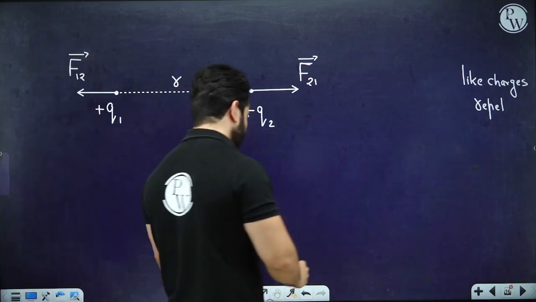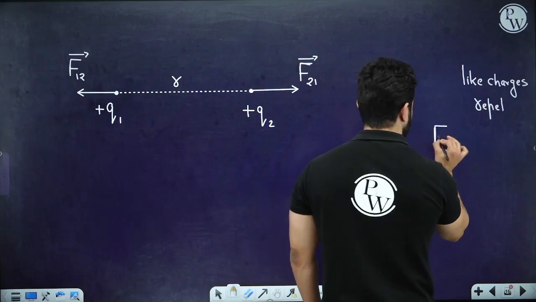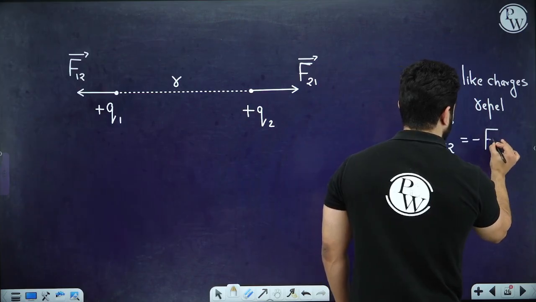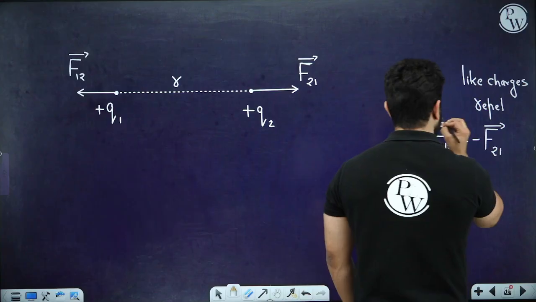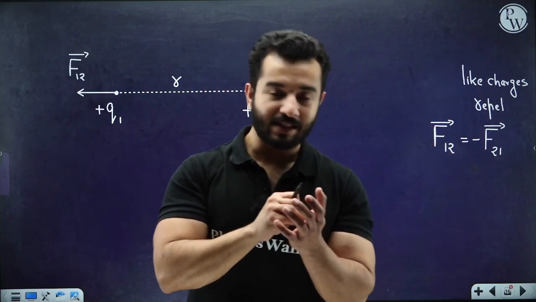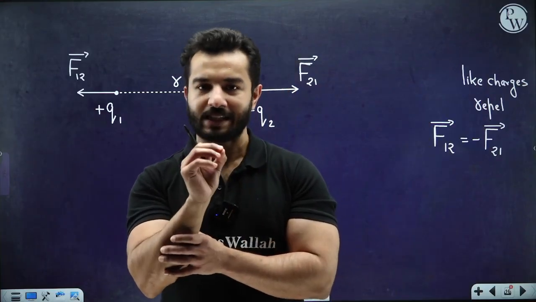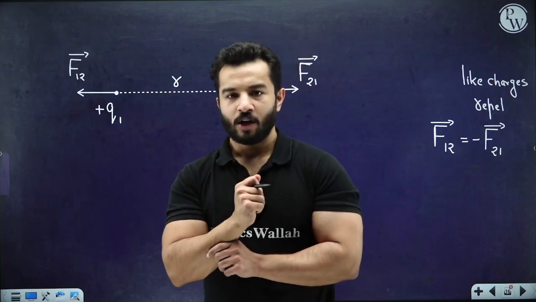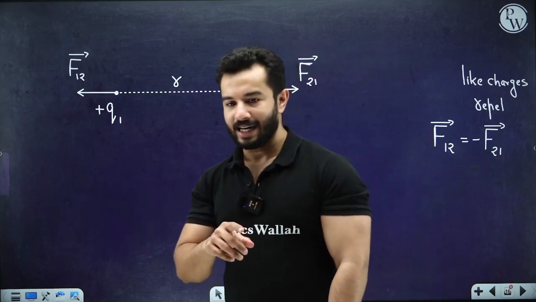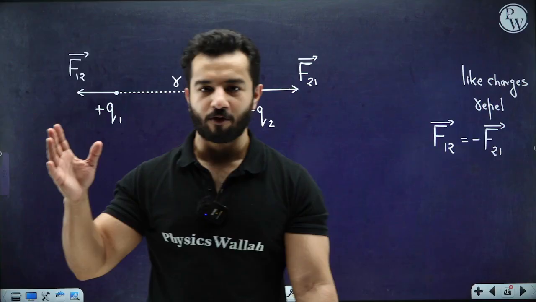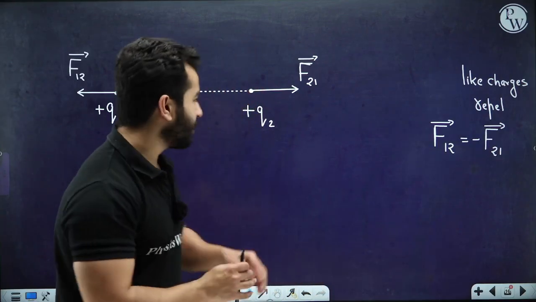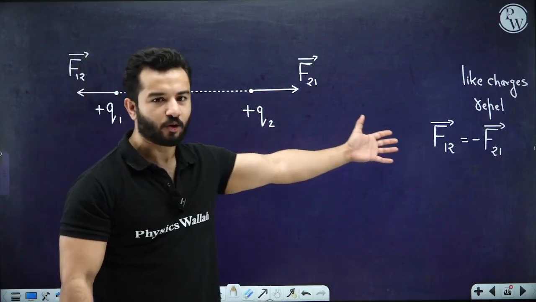Can I also write force applied on Q1 due to Q2 is negative times of force on Q2 due to Q1? Now, please understand, I'm not talking about a new concept, and this is the beauty of physics. You have done all of these things in Newton's laws of motion. You have read that every other force in the universe exists in an action-reaction pair, right? So these are nothing but an action-reaction pair. This is nothing but Newton's third law.